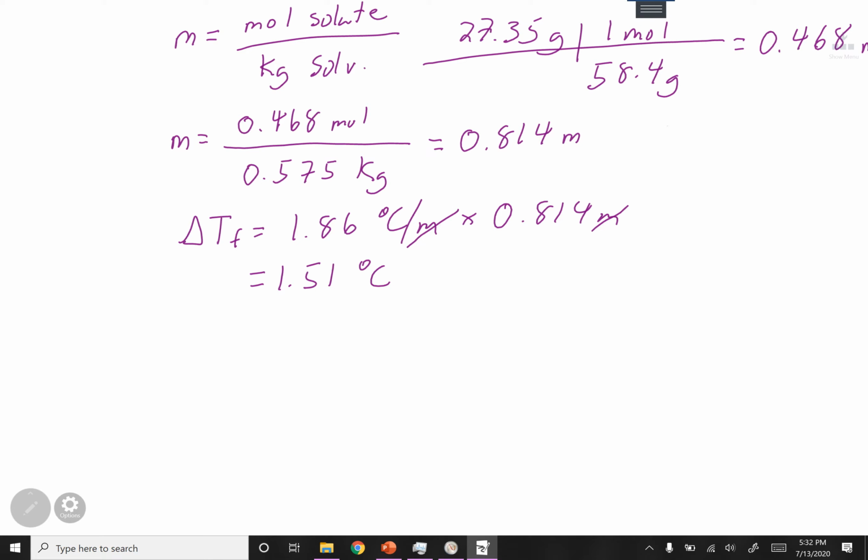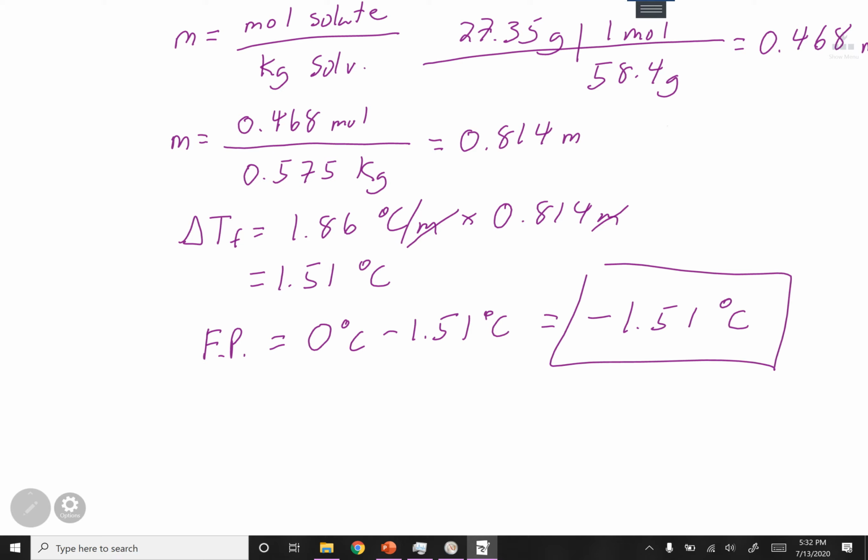It didn't ask us for the delta, it asked us for the actual freezing point, so we have to write this part now. The freezing point will be equal to 0 degrees C minus 1.51 degrees C, which of course is just minus 1.51 degrees C. Okay, and that would be our final answer.